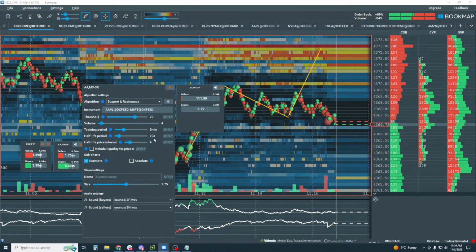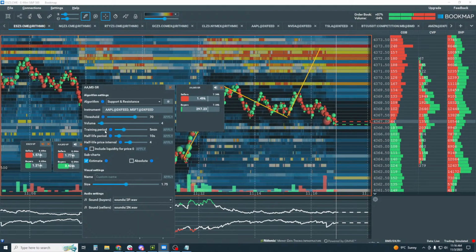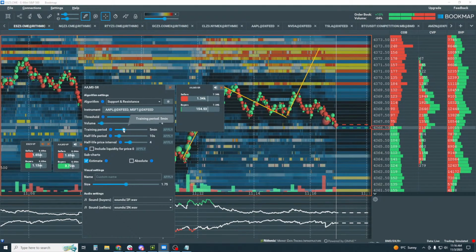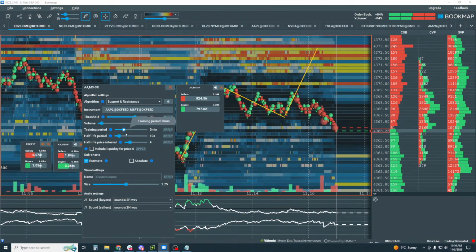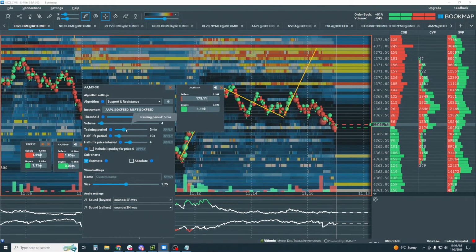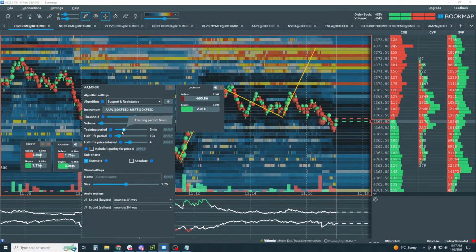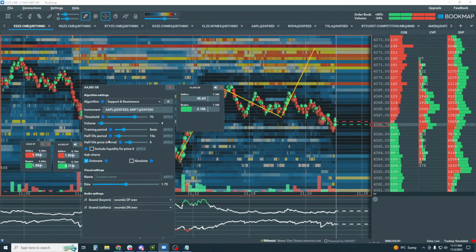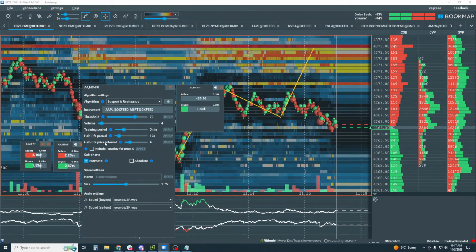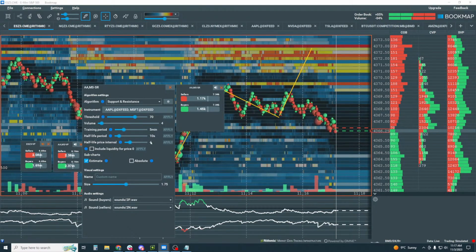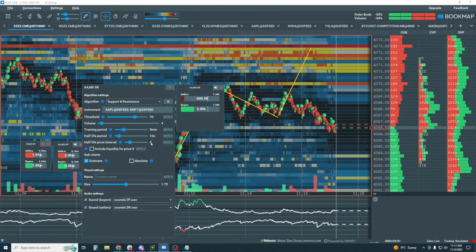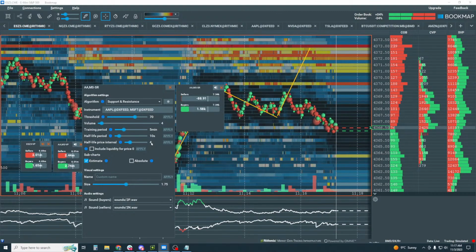So the number one is that there is a training period of sliding 5 minutes of data. There is a half-life period. These two are in all of the other Market Pulse add-ons as well. This is a new one in here: the half-life period of price intervals. What does this mean? It means that it is calculating the order book with a half-life.